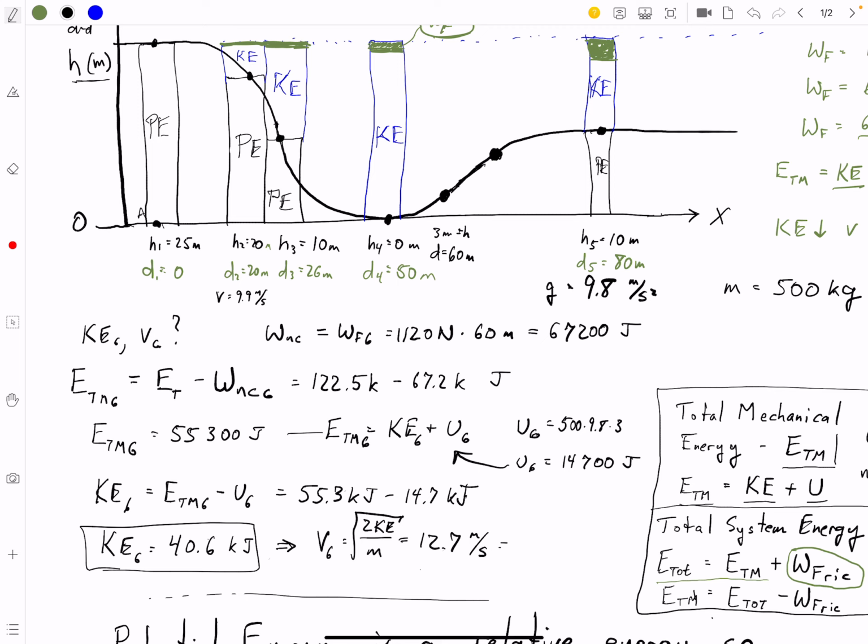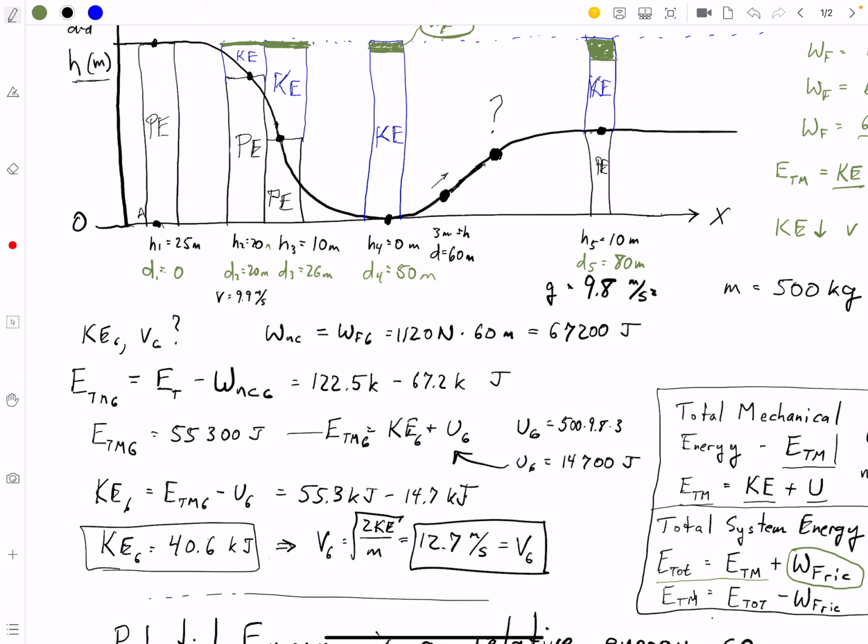Okay, so that's V6. Since we still have a velocity here at point 6, we're climbing the hill. The question is, are we going to make it to the top? Will we make it to point 7? Where the heck are we going to get to? We don't know. But let's find out.